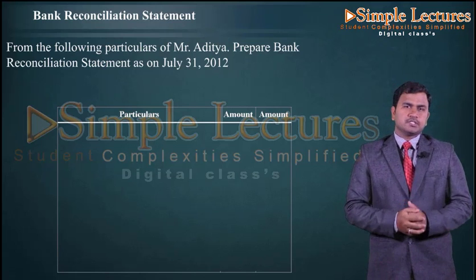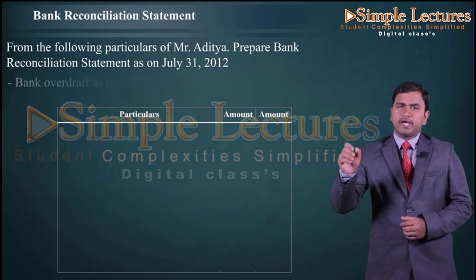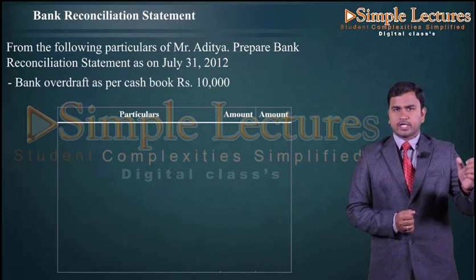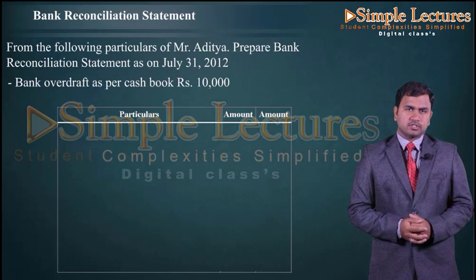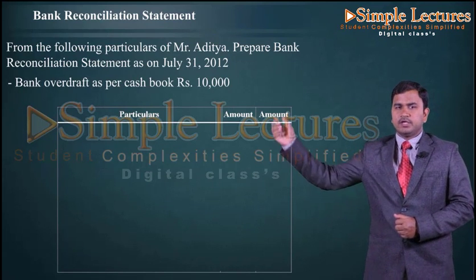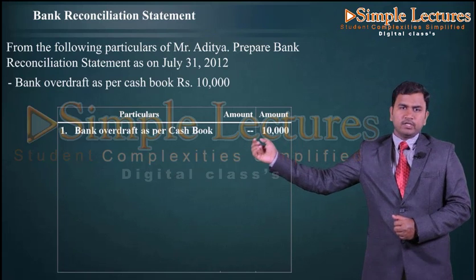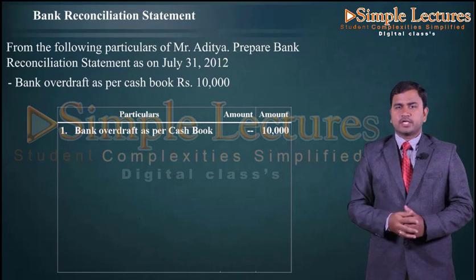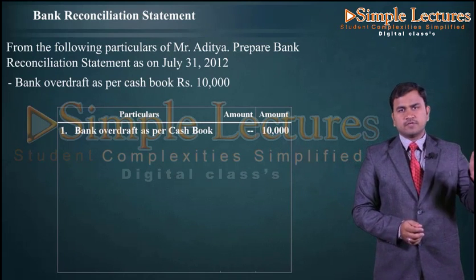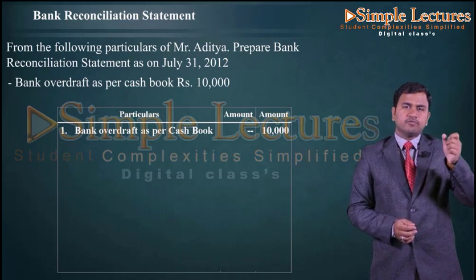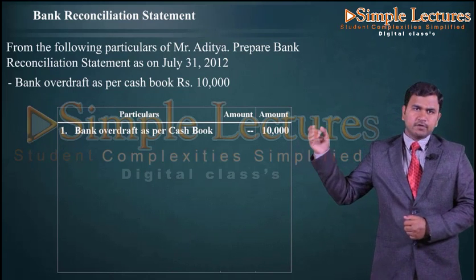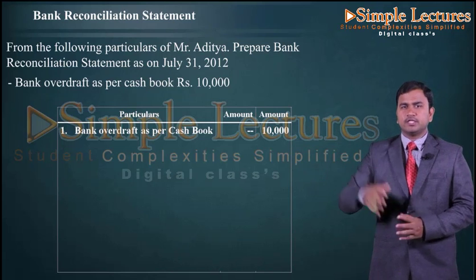The first transaction to be recorded is bank overdraft as per cash book, rupees 10,000. So the first entry will be serial number 1, bank overdraft as per cash book. Bank overdraft is nothing but the negative balance, which is 10,000. In the negative amount column we are going to write 10,000.